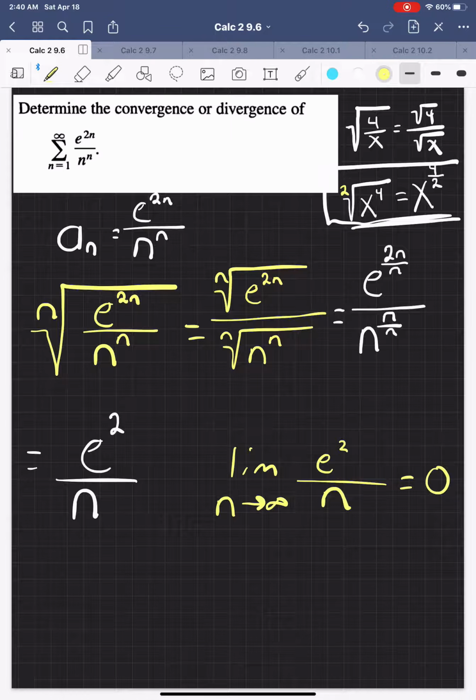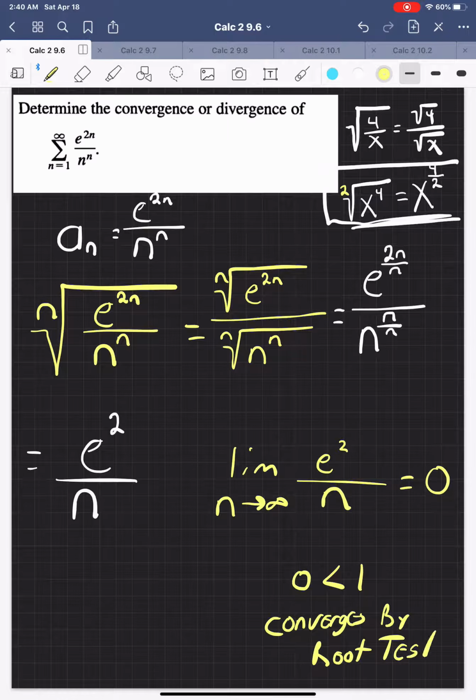That means 0, and since 0 is less than 1, we get to say that the series converges by root test. Okay, so again, not bad, right?